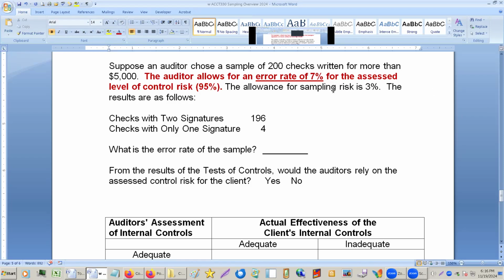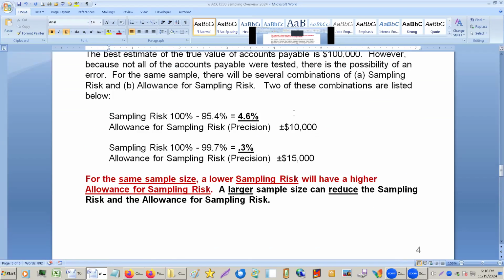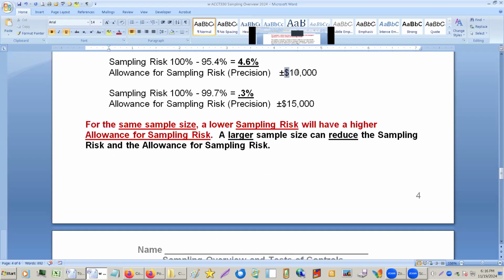At that level, they've determined that the allowance for sampling risk, the amount that it can be off by, is 3%. And by the way, this is the way they often show this on the CPA exam. They'll give you the allowance for sampling risk. This is kind of like if we were doing it up here for the 95% level, it'd be plus or minus 10,000.